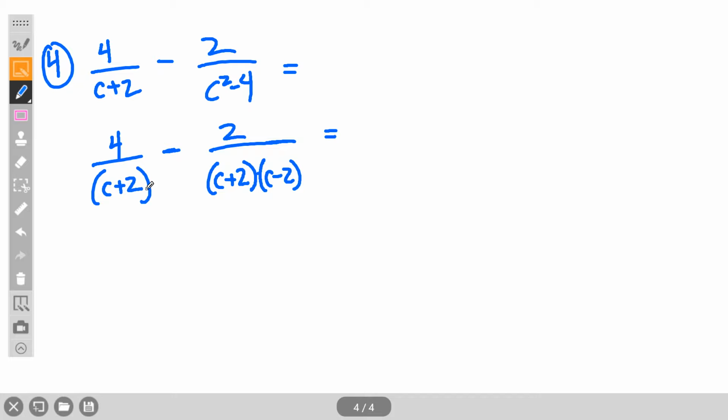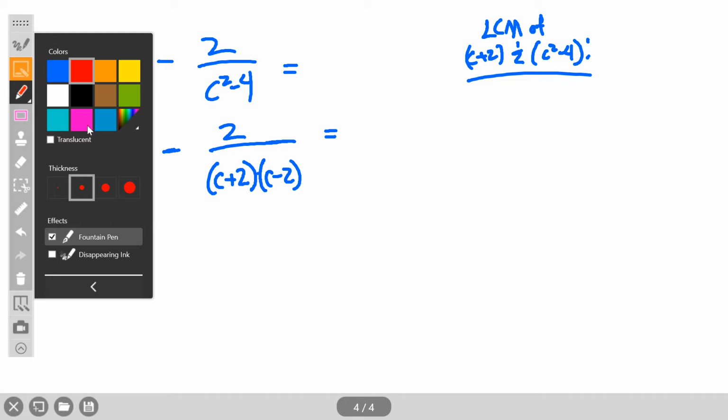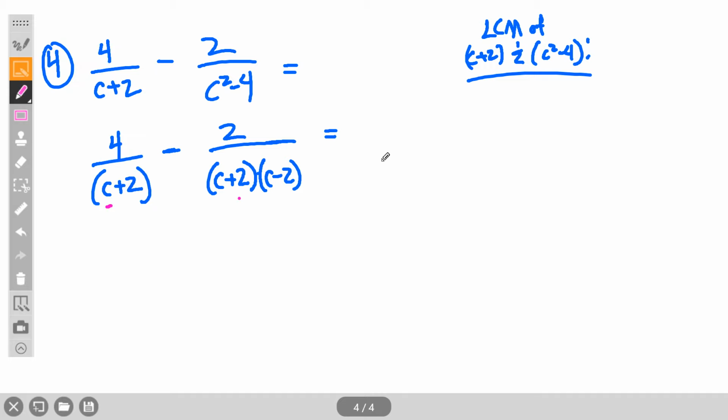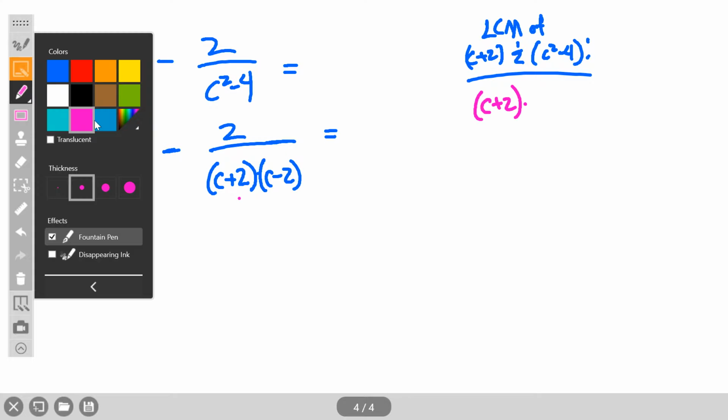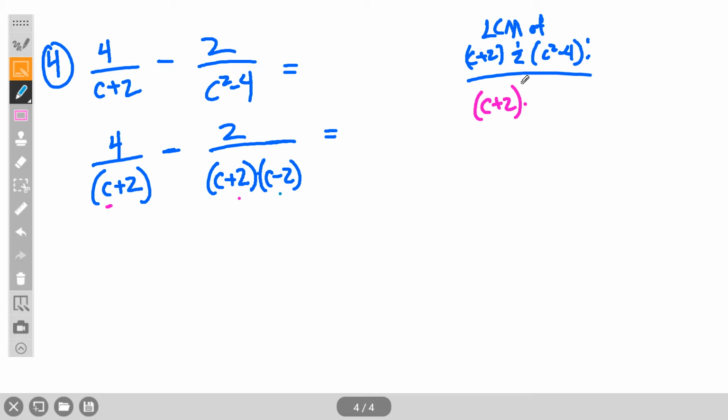Remember, we're looking for the LCM of c plus 2 and c squared minus 4. That's going to be the factors they have in common, which if you look, they both have a c plus 2 in common after you factor it, multiplied by the factors they don't have in common, which is c minus 2.